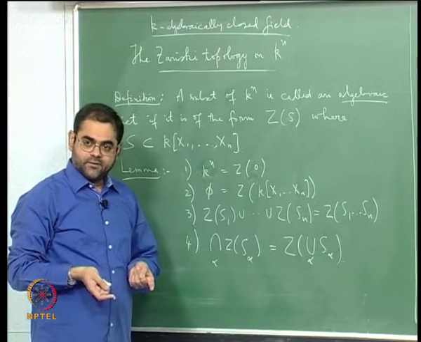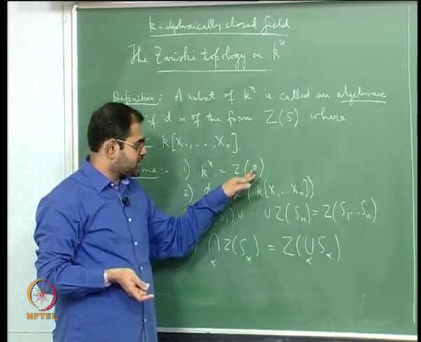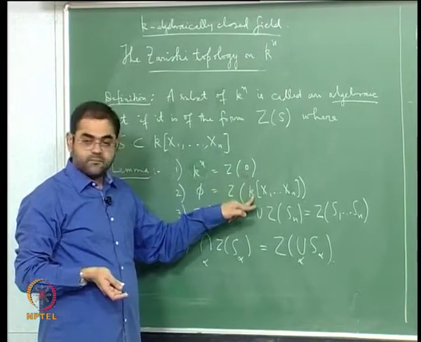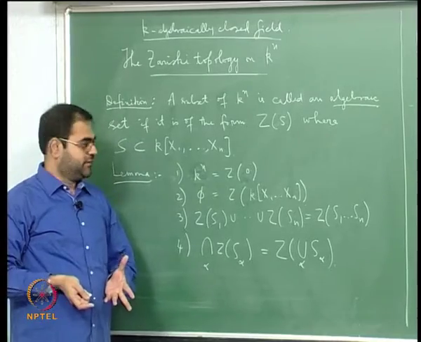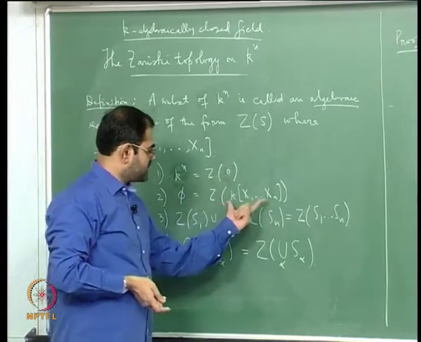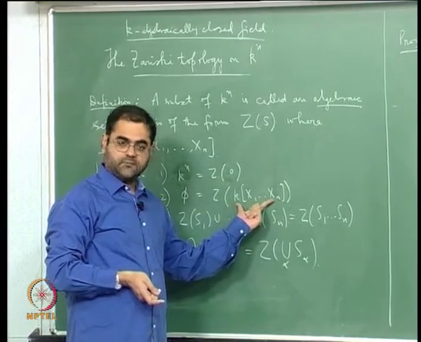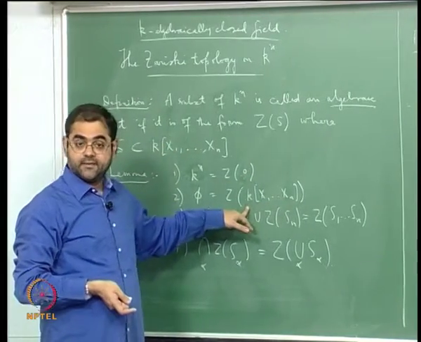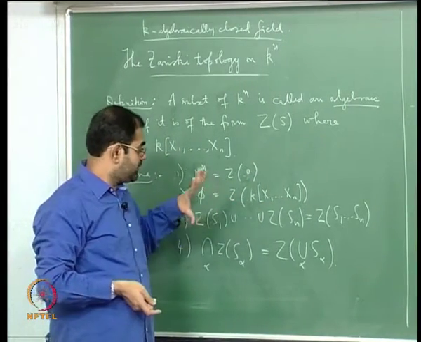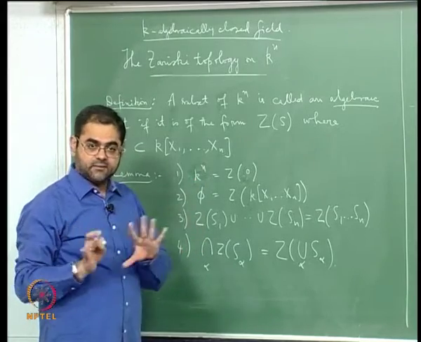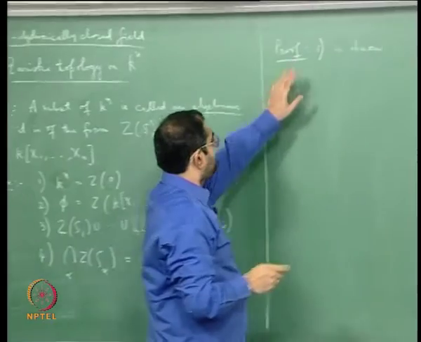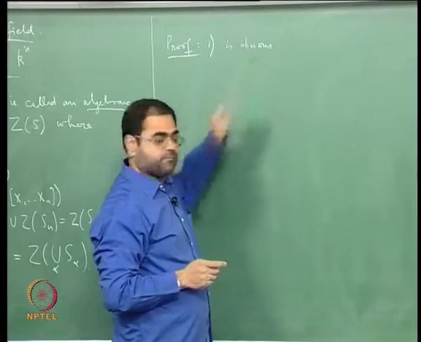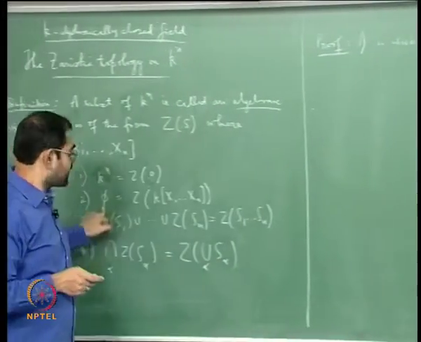So you must distinguish between 0 as a polynomial and 0 as a value of the polynomial. The 0 polynomial lives here, whereas the value 0 lives in k, and you must understand these two things as distinct from each other. But in any case this is very obvious, and look at the second statement.